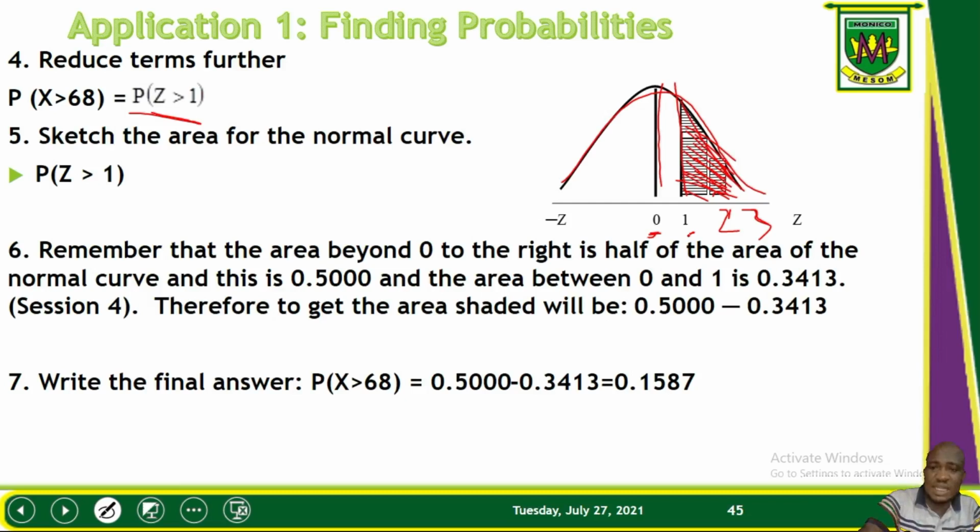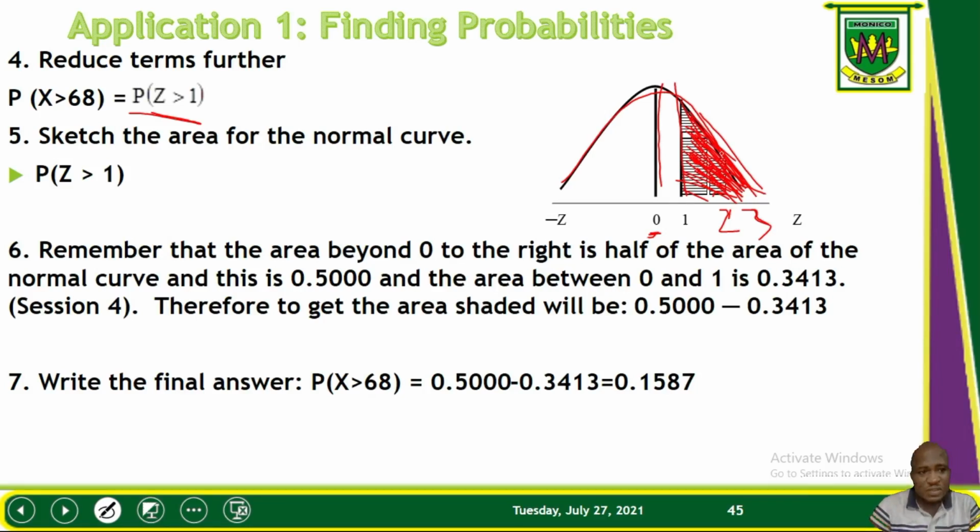The chance of the student scoring above 68, which has been converted with the respective mean and standard deviation to give us 1, shows that the score will fall above the 1. So you shade values above the 1. If it was below 68, we would have shaded the part below the 1, from the 1 towards the left direction. But since it is above 1, we are shading the top of the 1 because the value is likely to fall there.